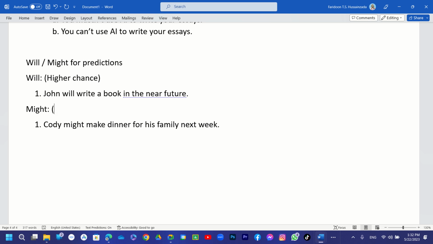But with might, it's not very high, so it's kind of in the middle. A mid chance, let's say. If we had to give it a percentage rating, with might it's around 50%, or a bit lower or a bit higher, give or take. And with will it's around 80%, even nearly 90 sometimes.